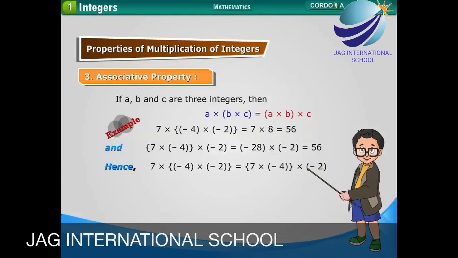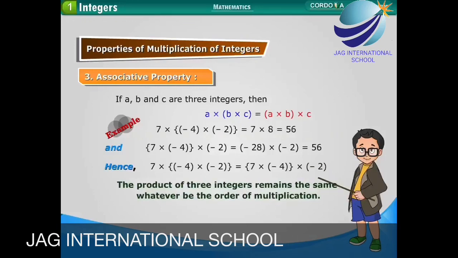Hence, (7 × (-4)) × (-2) is equal to 7 × ((-4) × (-2)). The product of three integers remains the same, whatever be the order of grouping. Therefore, multiplication is associative over integers.